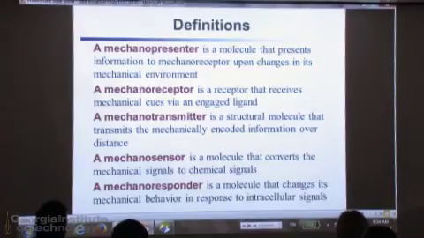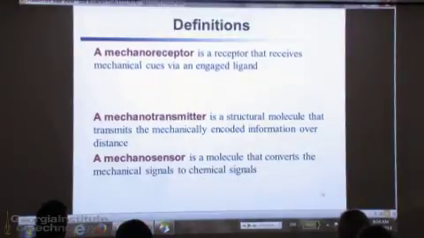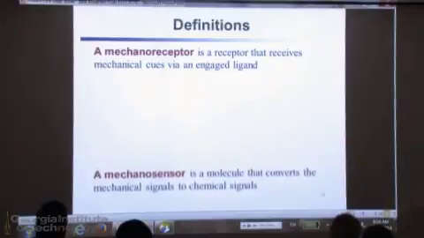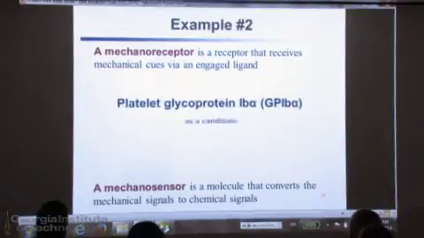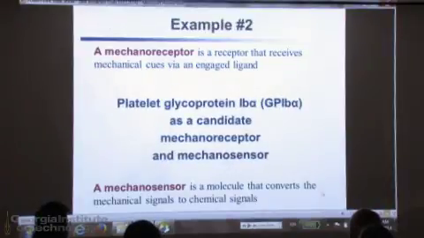Now I'm going to move back to this definition here, and then I'm going to show two other things: receptor and mechanosensor. So the second example is GP1B alpha as a candidate mechanoreceptor and mechanosensor.